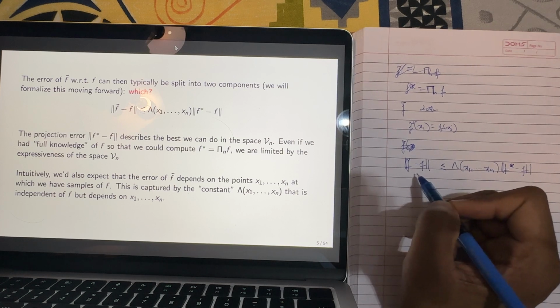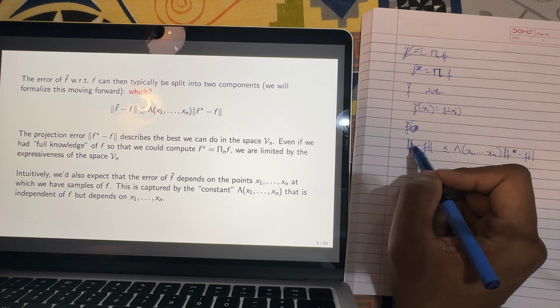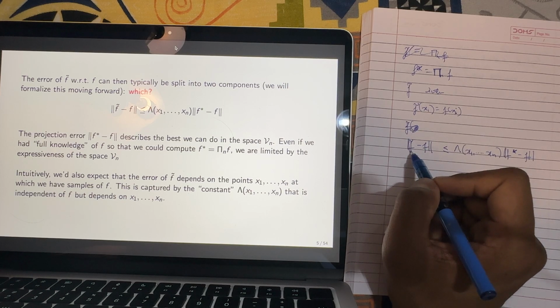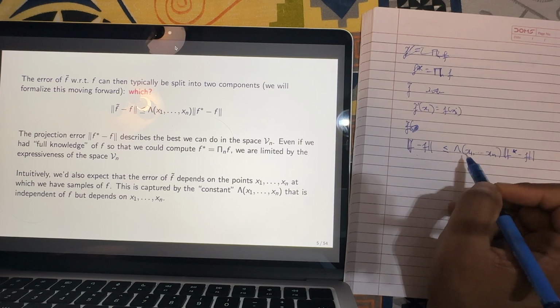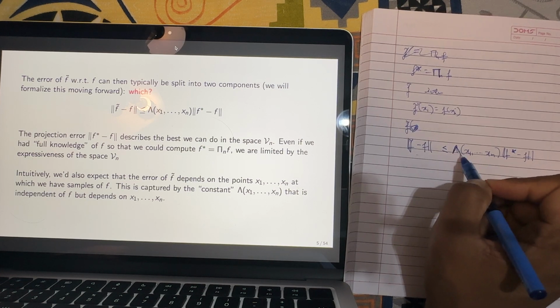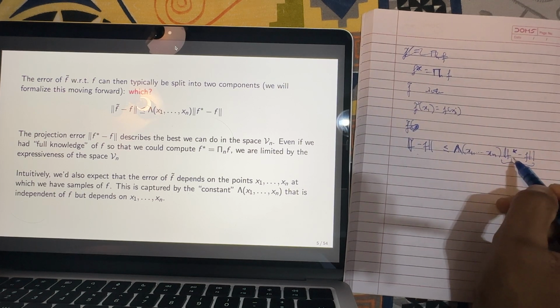So if I have the function f, then the error f tilde minus f, in whatever function norm this is, is less than or equal to lambda, which is some constant, times f star minus f.